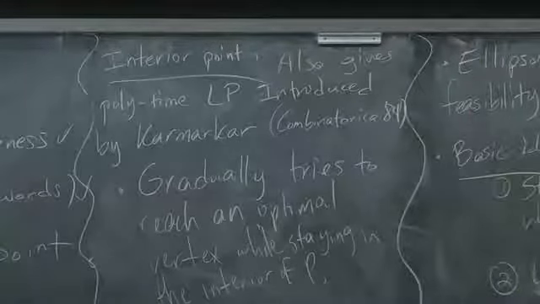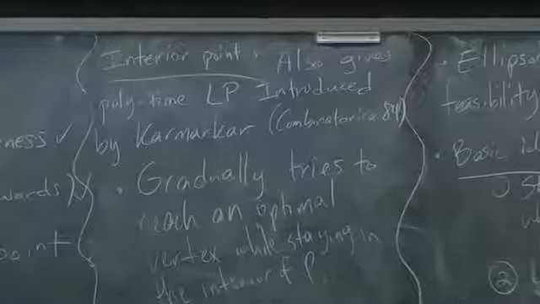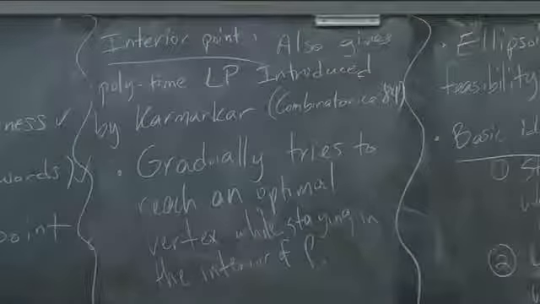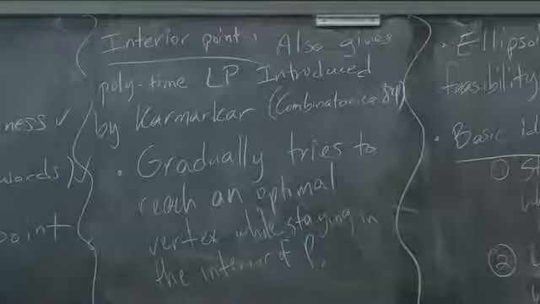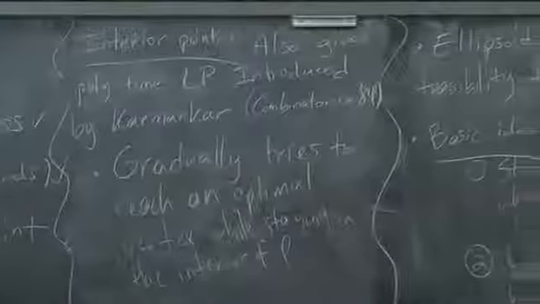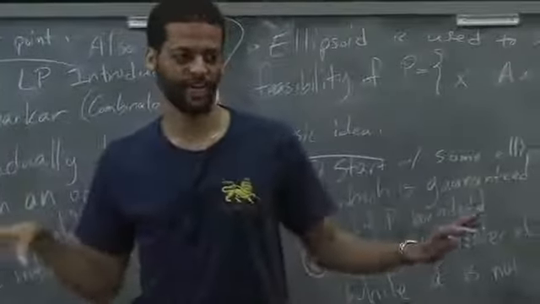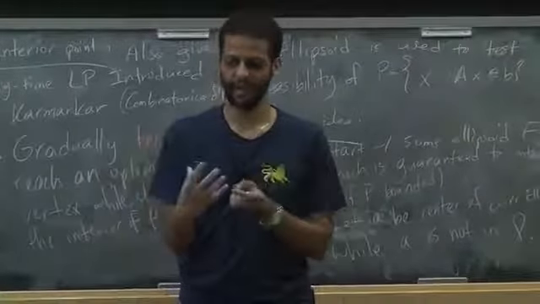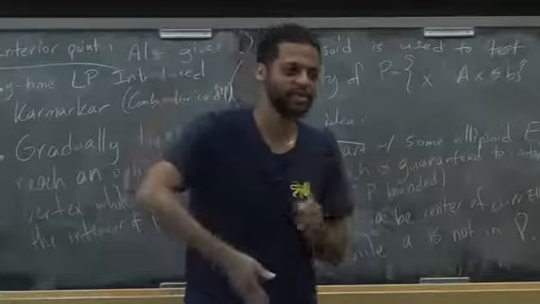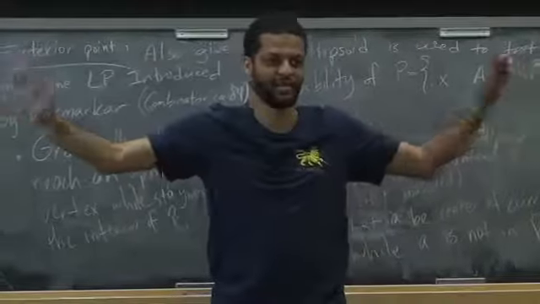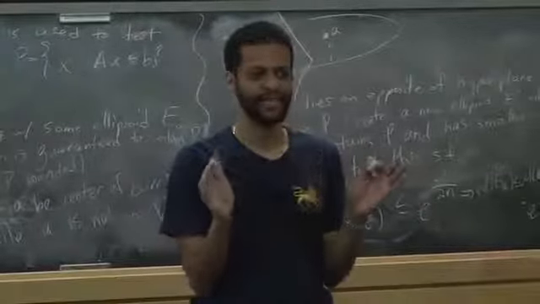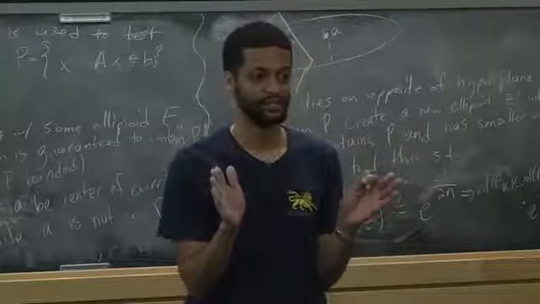So you might say, well, wait a second. If I can, how do I get in the interior? That means I can test feasibility, right? And we saw with ellipsoid, if you can do feasibility, you can basically solve the problem. So the very first step of interior point is you actually modify your LP. We sort of did this with simplex, to get an initial vertex. You modify the LP, except it's all going to be one interior point, but we're going to modify the LP so that it has a very obvious interior point.